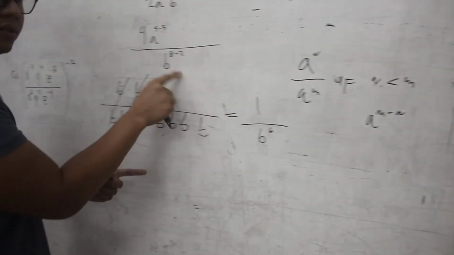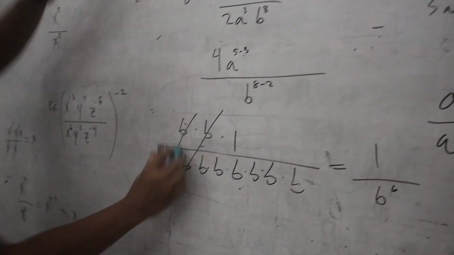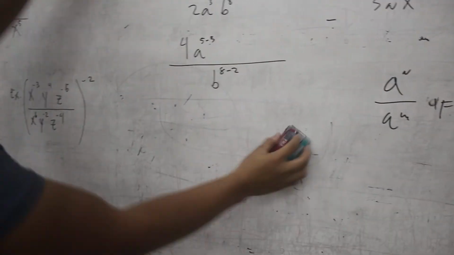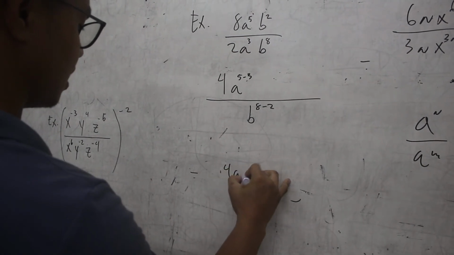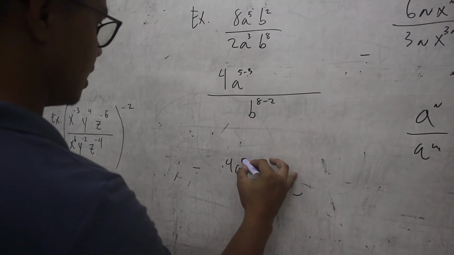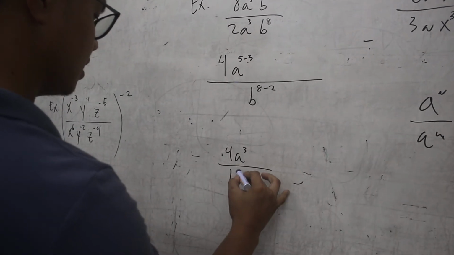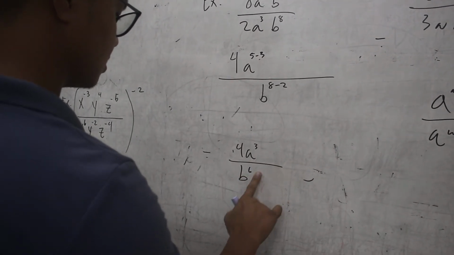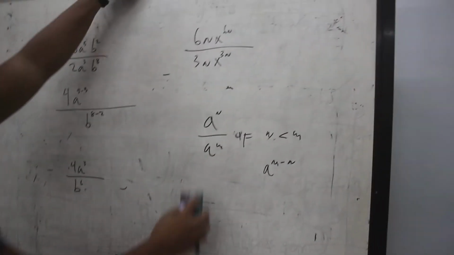Ito nangyari dito. So, eraser. Nangyari dito is 4a cube over b to the 6. Ganun lang.